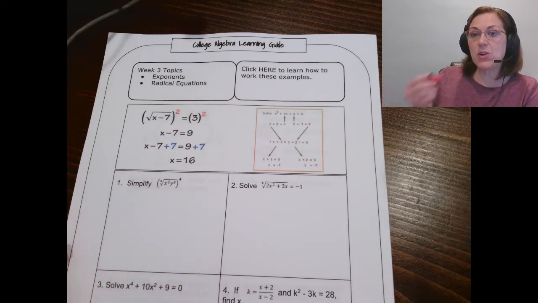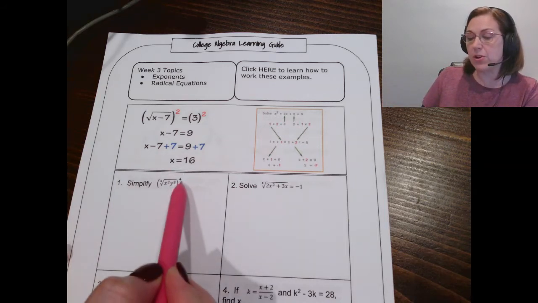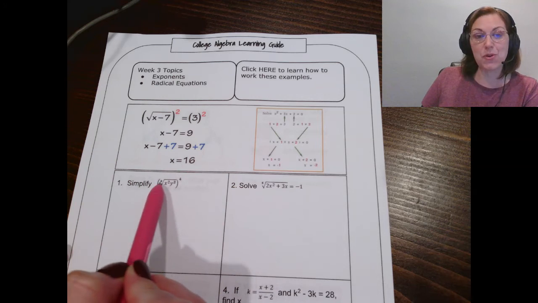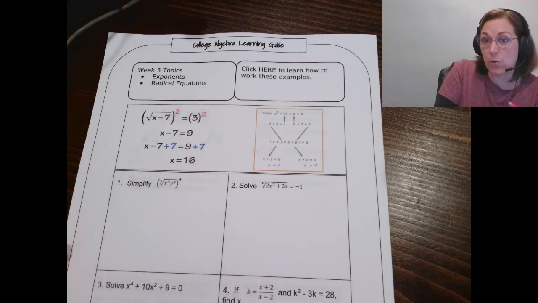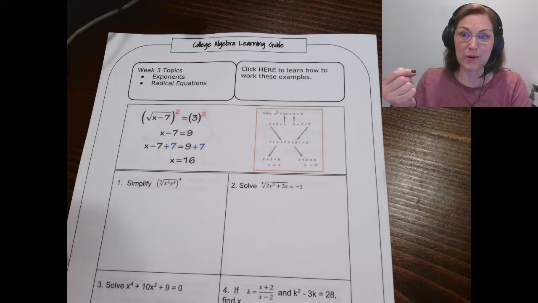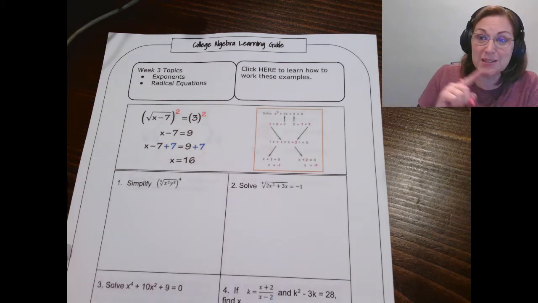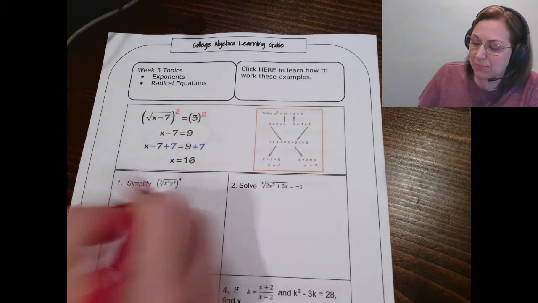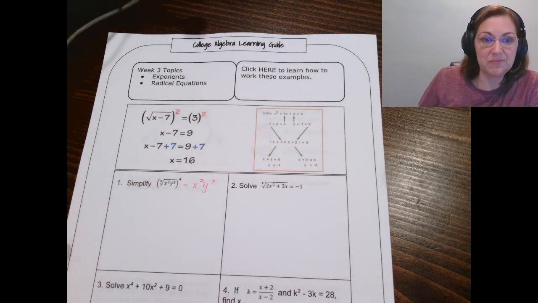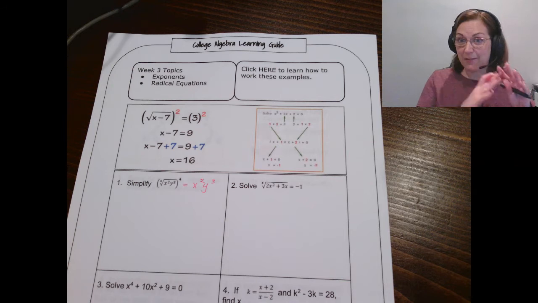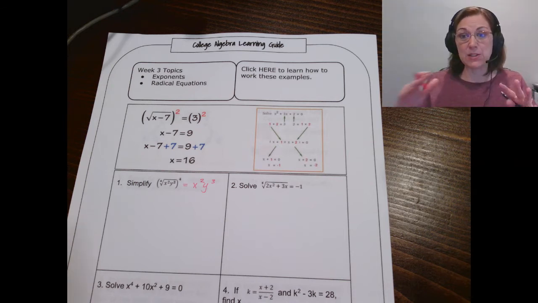Now, something you have to recognize is that the fourth power and the fourth root cancel out. In the same way, if we had a square root and a square, they would cancel out as well. So this problem actually very simply just becomes x squared y cubed. The fourth root and the fourth power cancel out.